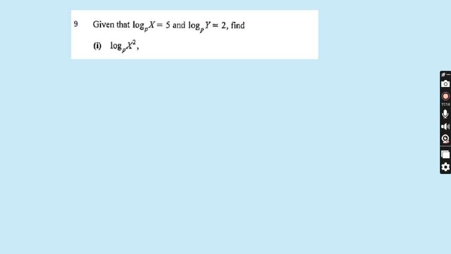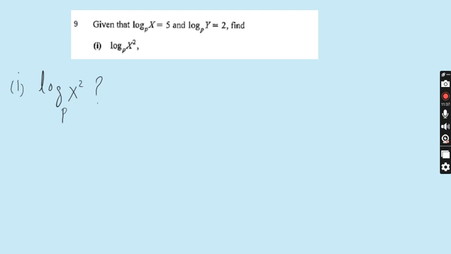Given that log p x equals to 5, log p y equals to 2. Part number 1, find log p x square. This is the requirement.